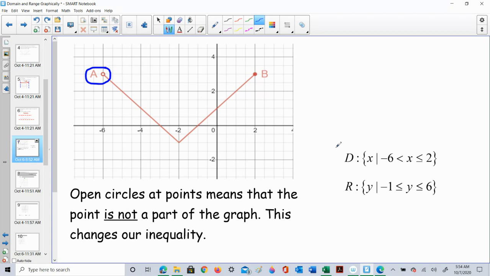But on the left side, -6 is now not part of it. So instead of x is greater than or equal to negative 6, x is going to be just greater than negative 6, because this open circle means it is not part of the graph. At B, it's a closed circle, still part of the graph, so it's less than or equal to 2.